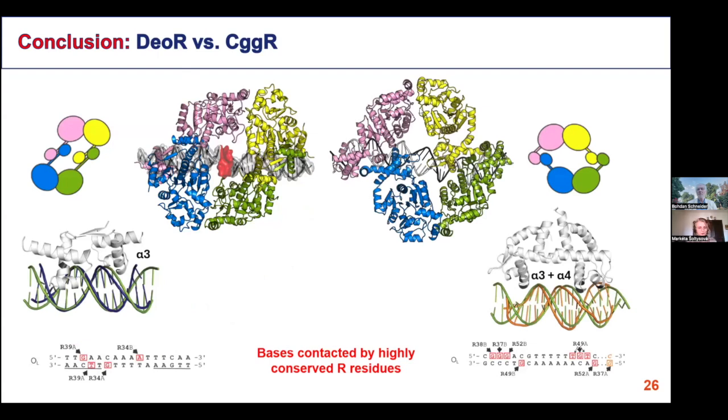And let's conclude this talk by putting the SorC siblings side by side and comparing them a little bit. We showed that both representatives form tetramers of a very similar shape. However, their architecture, which is dictated by positions and compositions of their DNA binding domains, is different. In DOR, we observe domain swapping where the monomers cross each other, but this is not the case for CGGR.